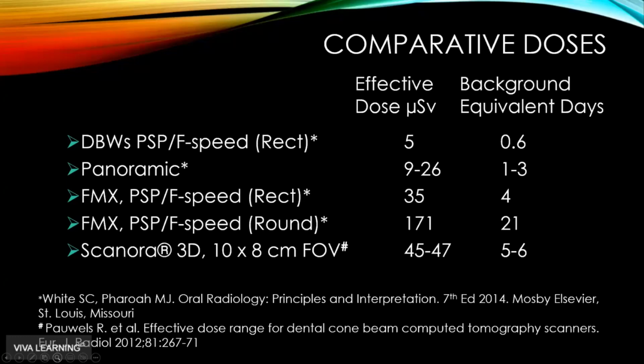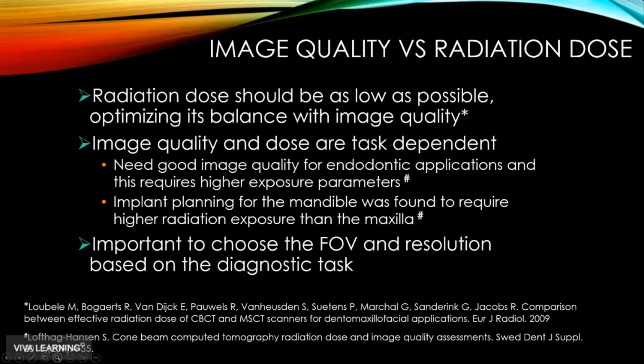So it's just a little bit more than a full mouth series of radiographs. However, we've got to think about our panoramic radiograph, right? It's only about 20 microsieverts, so keep that in mind.